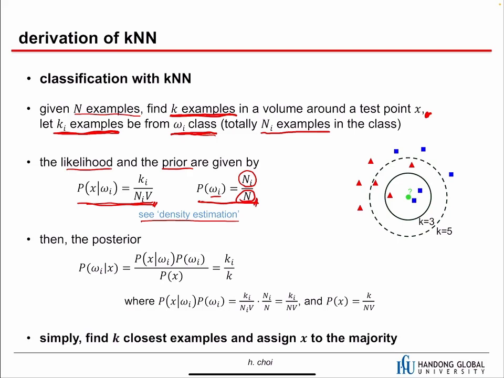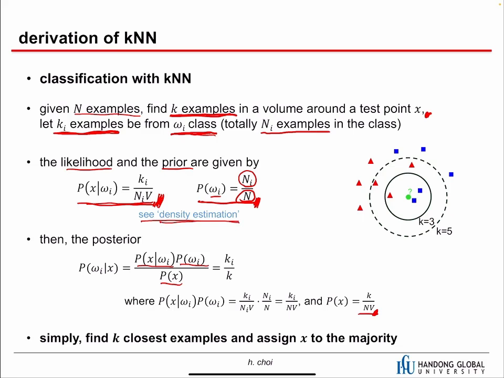Again, all the time we are interested in the posterior. If the posterior is not possible, then we're interested in the likelihood. Then the posterior can be calculated simply by multiplying these equations. The likelihood is coming from this, the prior is coming from here, and P of x is given by this, which also comes from density estimation.